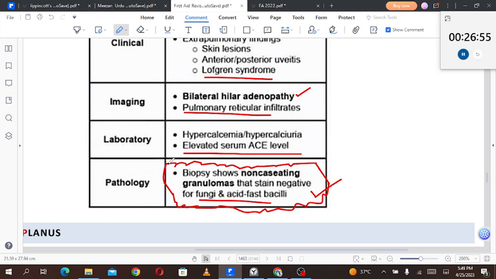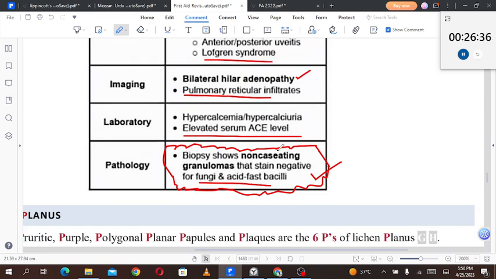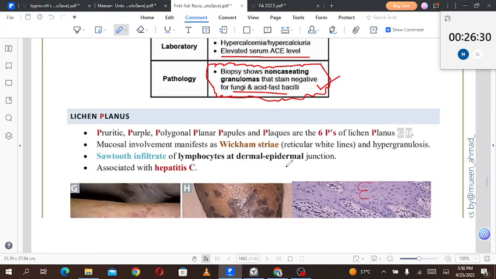But the non-caseating type of granuloma is seen in sarcoidosis, as well as in fungal infections, so we then stain for fungi. If the fungal stain is also negative, then it is sarcoidosis, along with hilar lymphadenopathy and other clinical diagnosis. So the confirmatory diagnosis is made if we find non-caseating granulomas which stain negative for fungi as well as for acid-fast bacilli.